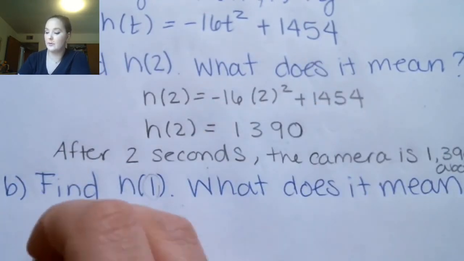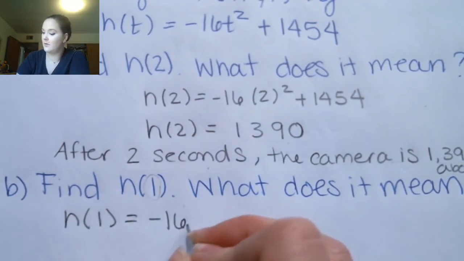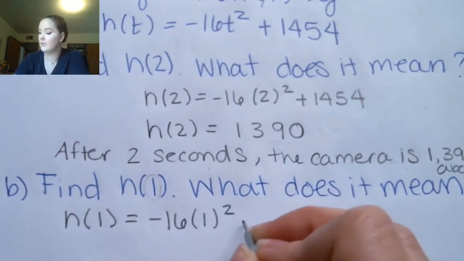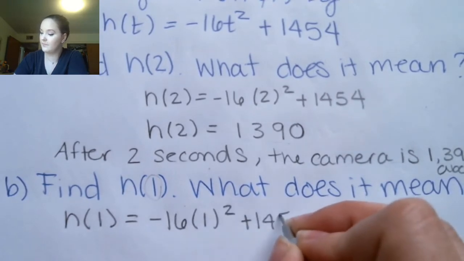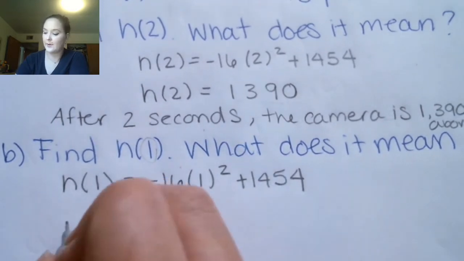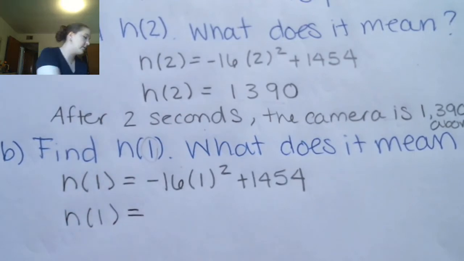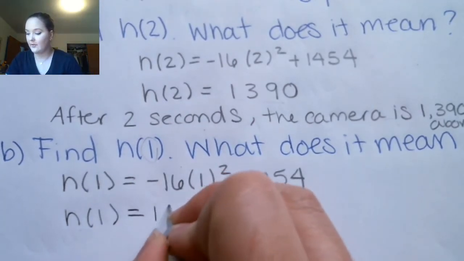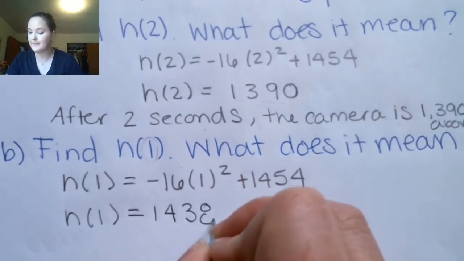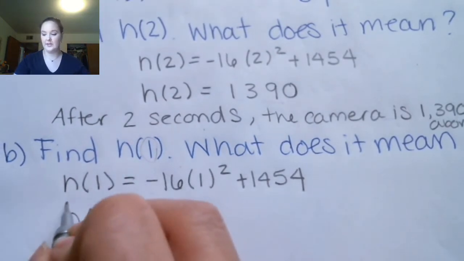Okay, 1 is a value of t, so we're going to plug in 1 like that, and then we're going to evaluate this. So I got 1438. And then we're going to explain what this means.